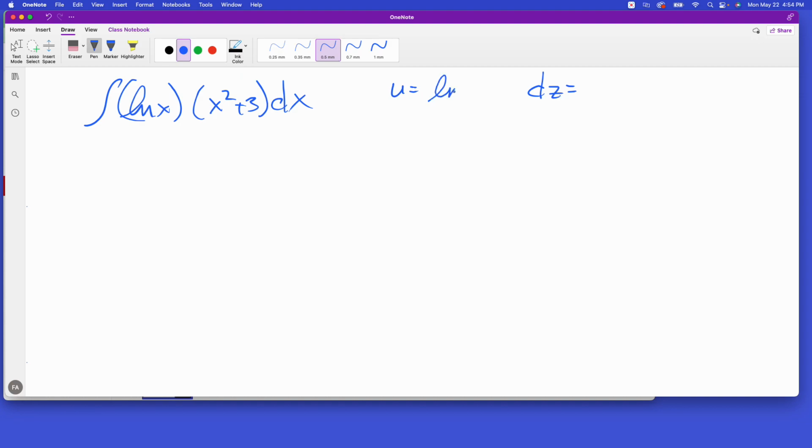And this is why. When I do ln of x, the du, the derivative of that, is 1 over x dx. The reason I picked ln is because now I'm switching this logarithmic function into a rational function.